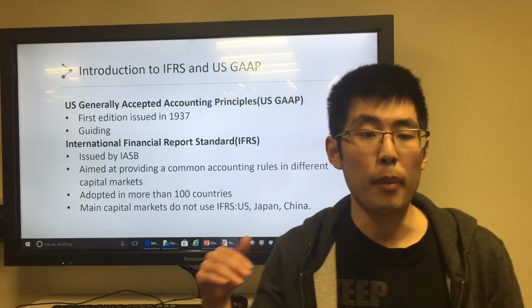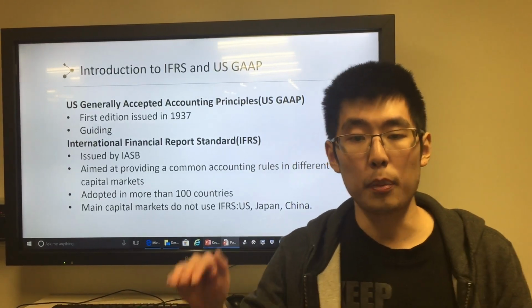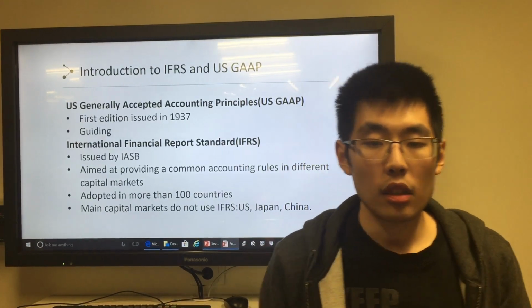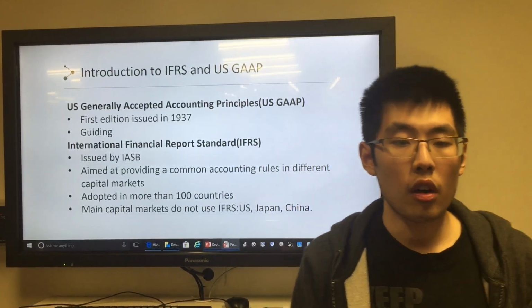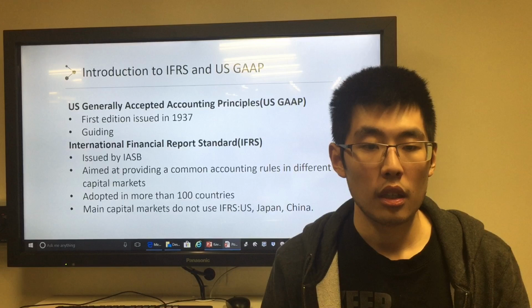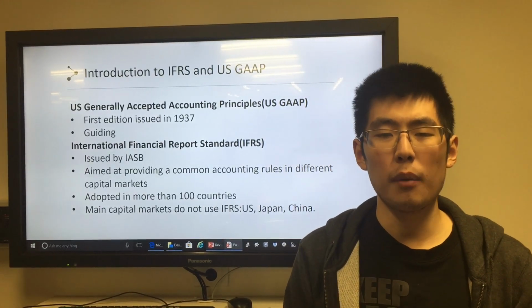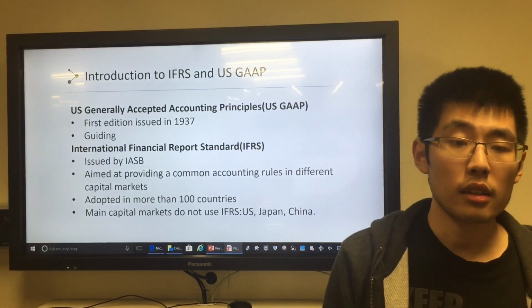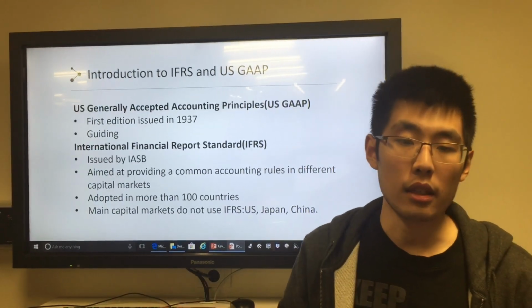IFRS is issued by the International Accounting Standards Board, or IASB, to provide accounting standards for transnational trade, so that multinational companies can follow accounting rules in different capital markets.